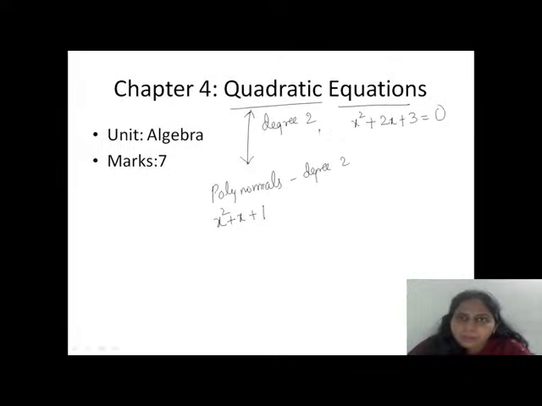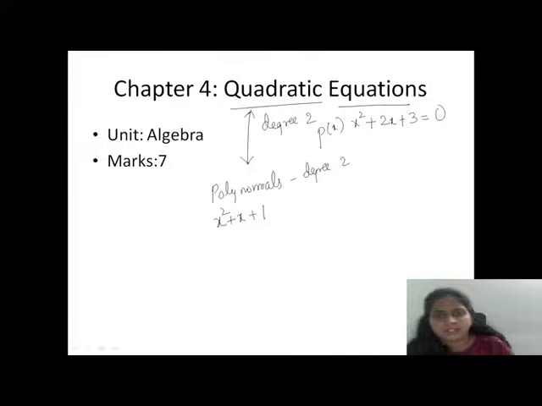When a polynomial p of x is equated to 0, it becomes a quadratic equation. That's the main difference. Quadratic and polynomials both are same only, but here we are not equating it to 0, while in the quadratic equation, we are equating this to 0. Done. Sometimes they might ask you for 1 mark: what is the difference? A quadratic equation is always equated to 0.